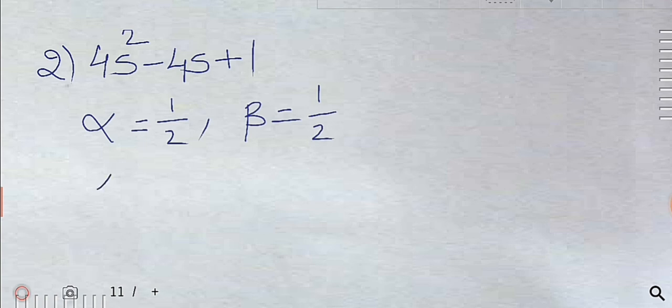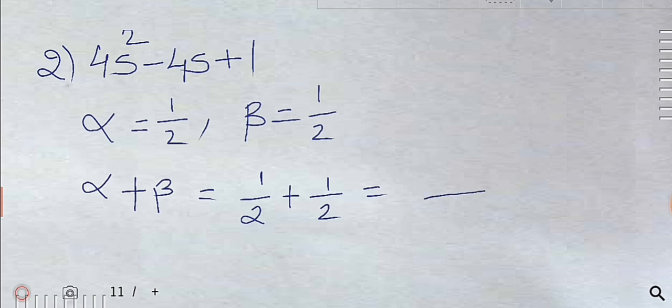Now sum of zeros, alpha plus beta equal to 1 by 2 plus 1 by 2, LCM is 2, we get 2 by 2 equal to 1.